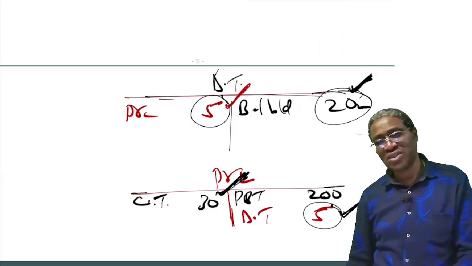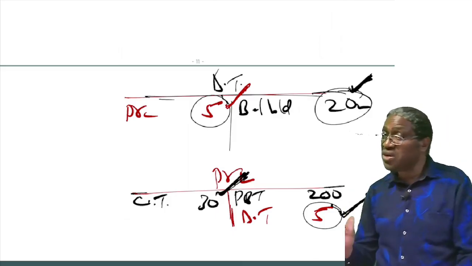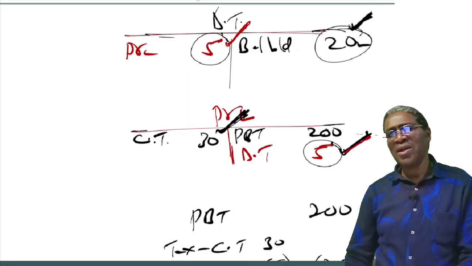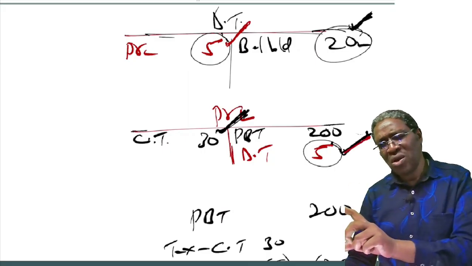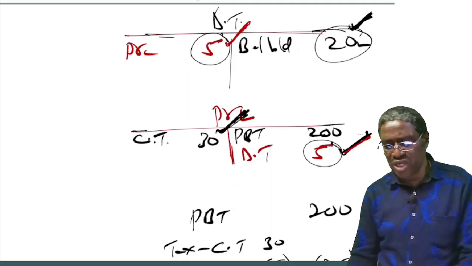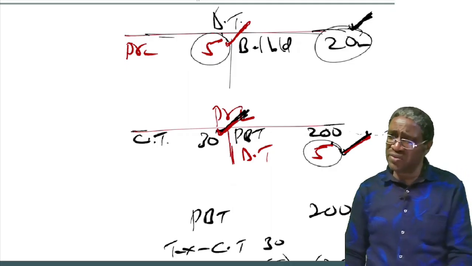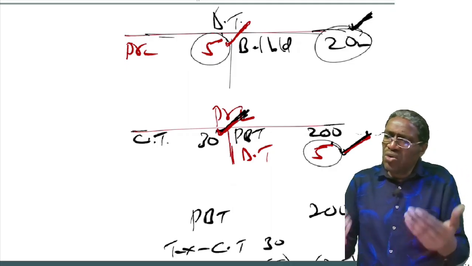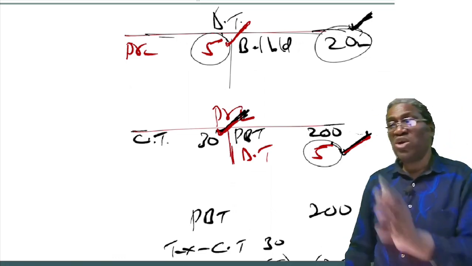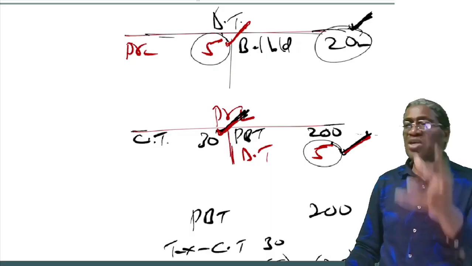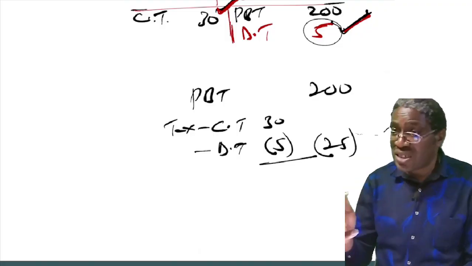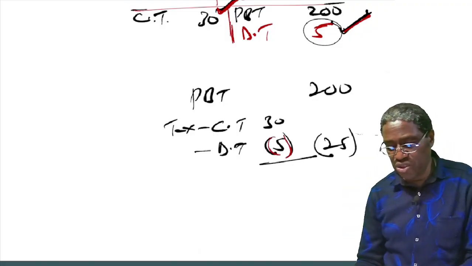Which means the other account to be credited is P&L account. You are crediting P&L account by 5 million, yet on the debit of that P&L account there is a corporation tax of 30. So you are asking yourself, am I increasing the 30 or am I reducing the 30? It's automatic. You are reducing the 30. When you credit an account which has a debit balance, you are reducing the debit. So in that case, you will come and deduct the 5 million from the corporation tax.